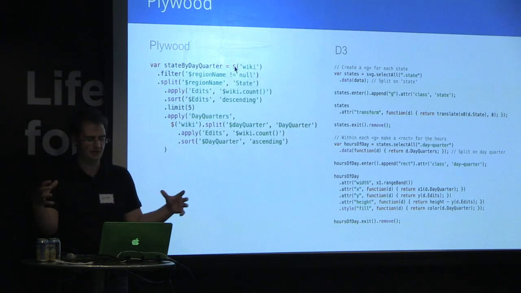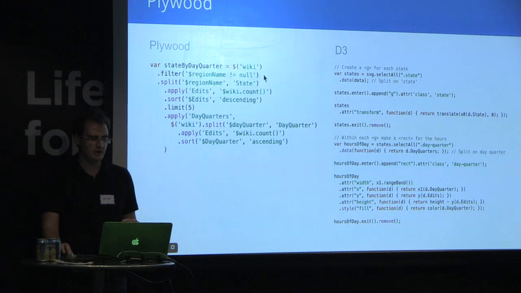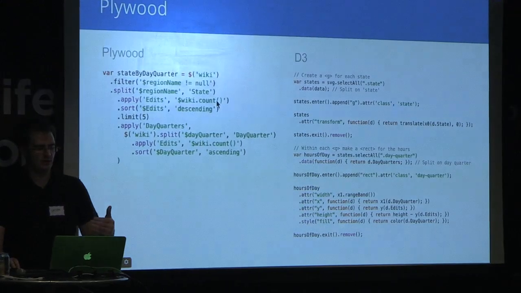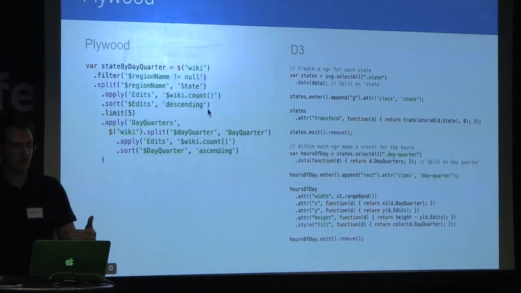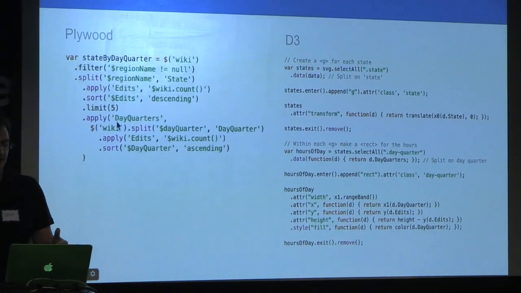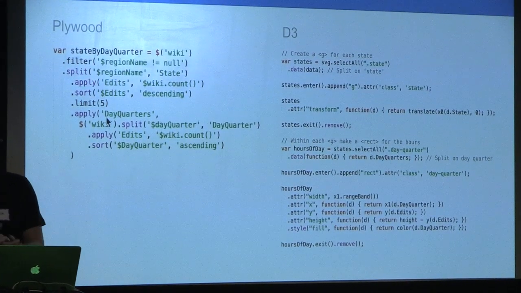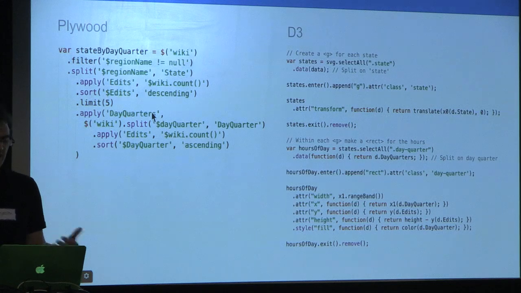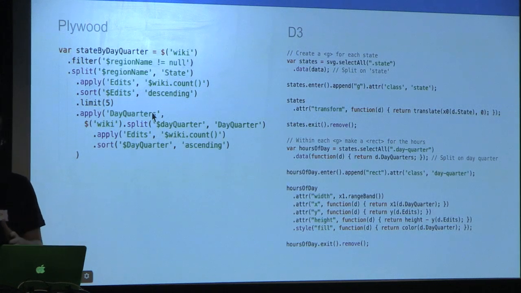It's all the Wikipedia data, although here this is Wikipedia data that's already been filtered on the United States. Then I'm going to say, OK, ignore the region name null ones, because those are weird errors. Then split by region name. Then within each one, count up the edits, sort that, provide a limit, and then apply a split again within each one of those by day quarters, the quarters of the day.